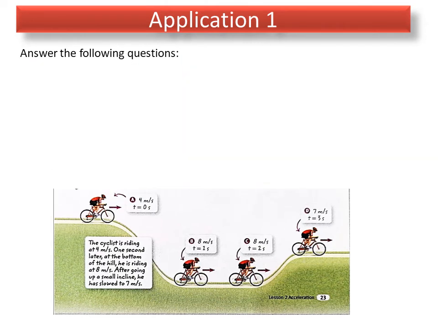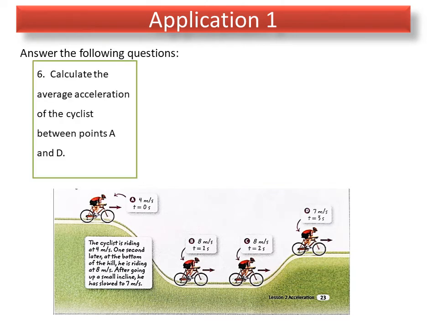Now we reached question 6. Also, please write 6, copy the question, and solve, please. The question says, calculate the average acceleration of the cyclist between points A and D. The same, I want you to put the given.